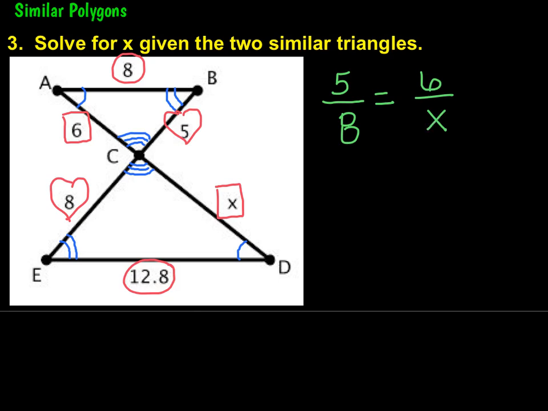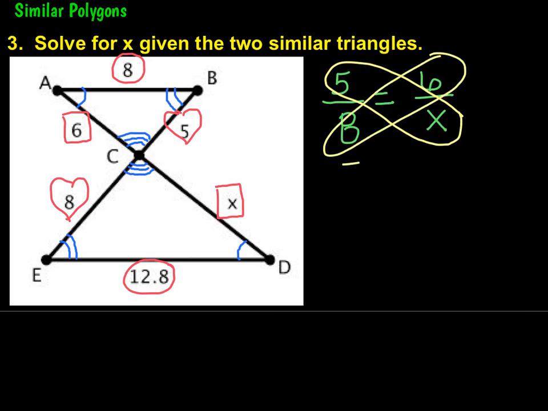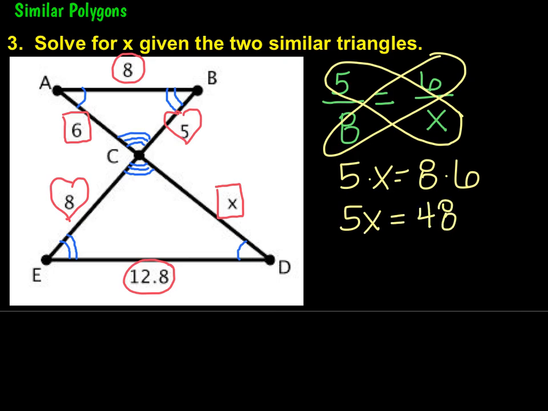Okay, next step, cross multiply to solve for our variable. We get 5 times x equals 8 times 6. So that would be 5x equals 48. We're going to divide both sides by 5.